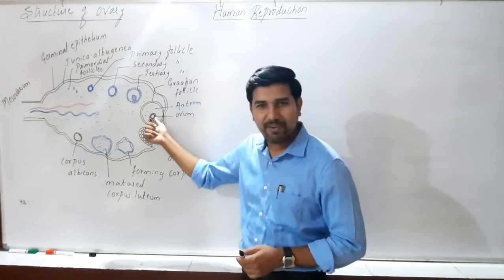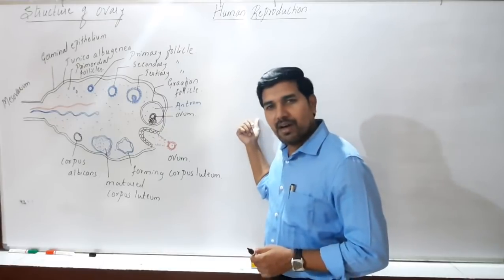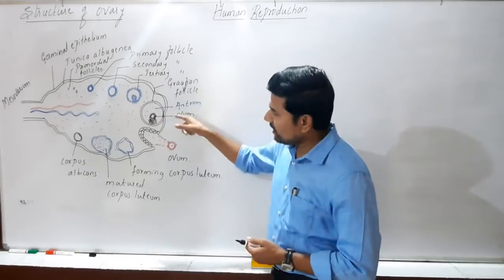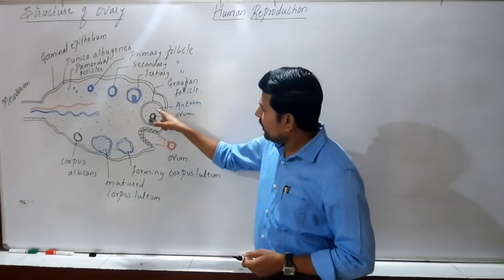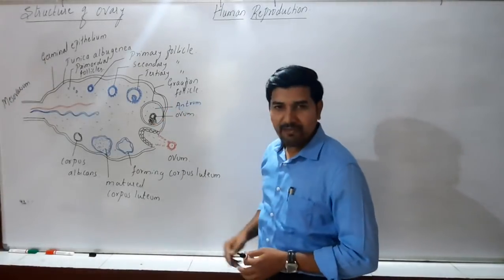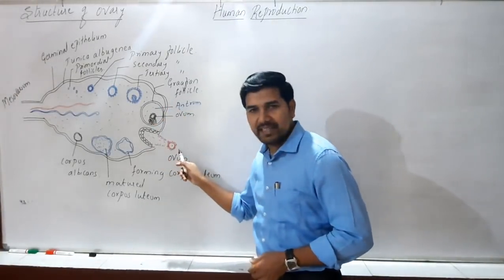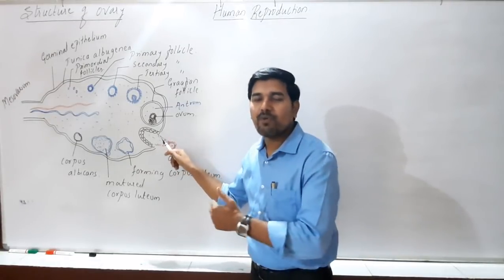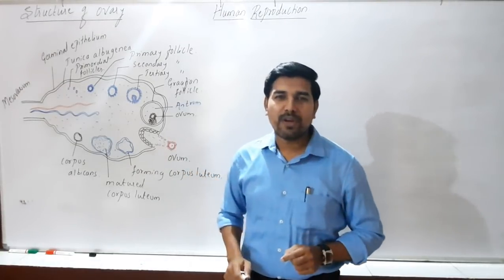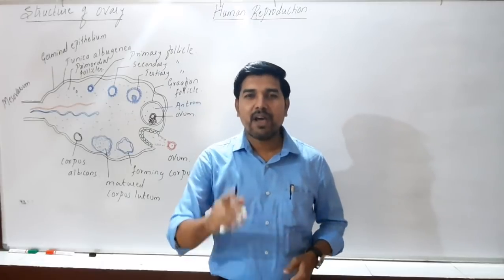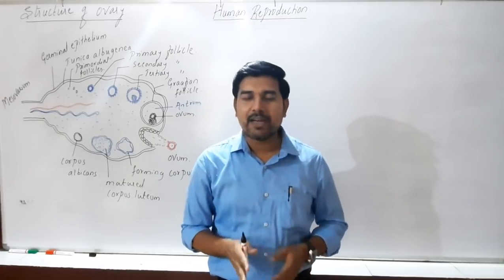Regarding the structure of the Graafian follicle, we are going to look at it separately in the later part. Now from the Graafian follicle, the ovum is released, and the process is called ovulation. This process of ovulation occurs exactly on the 14th day of a menstrual cycle.